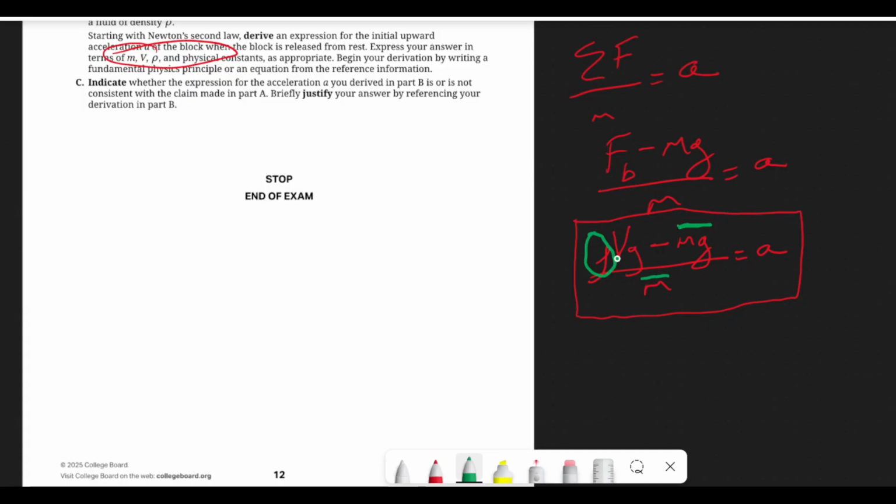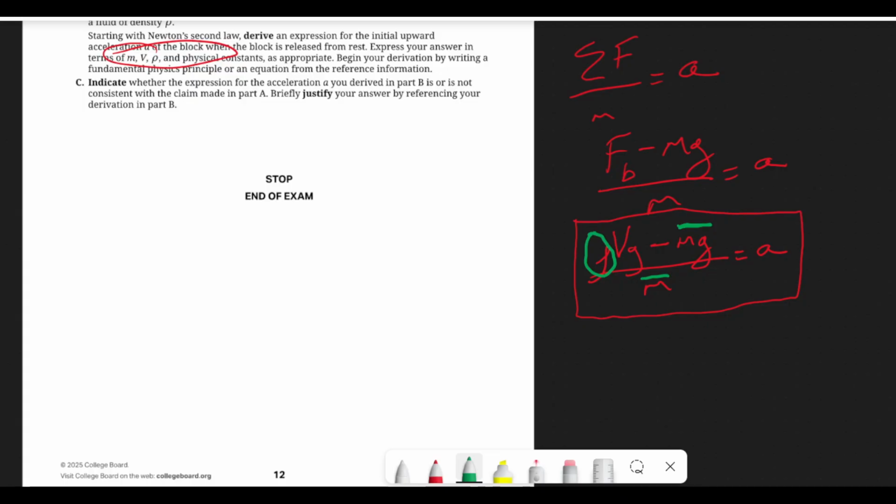I'm drawing this bar here to show that this number is not going to change. So if this density increases, the numerator increases, and if my numerator increases, my acceleration is going to increase, because these two are directly related.